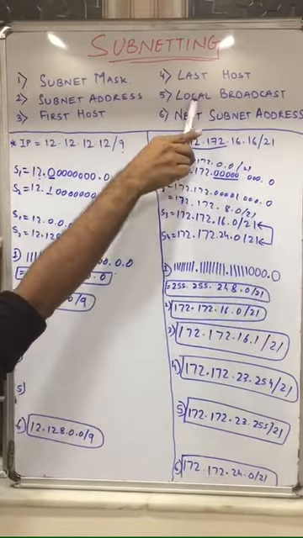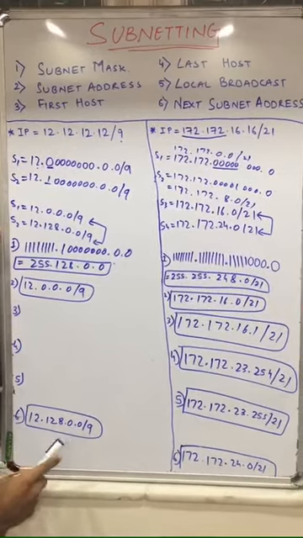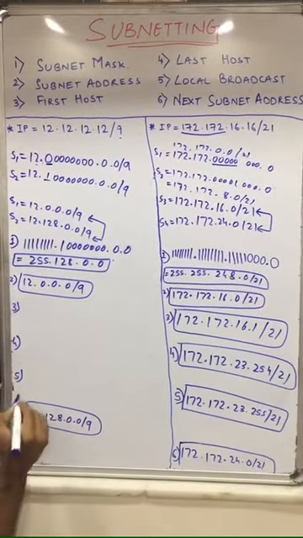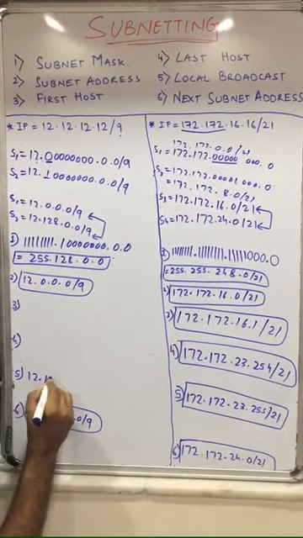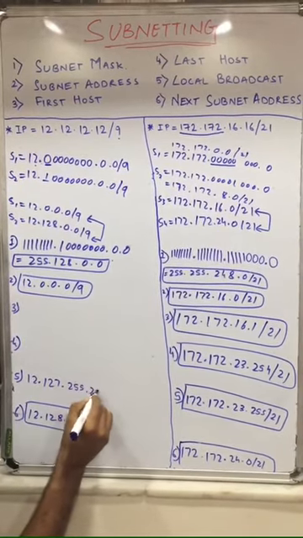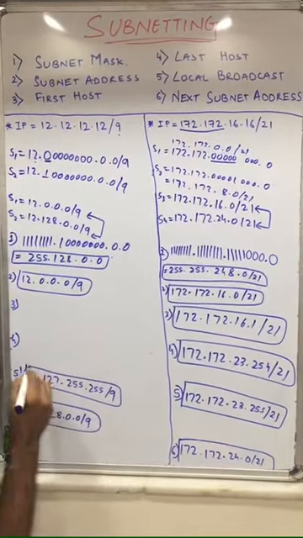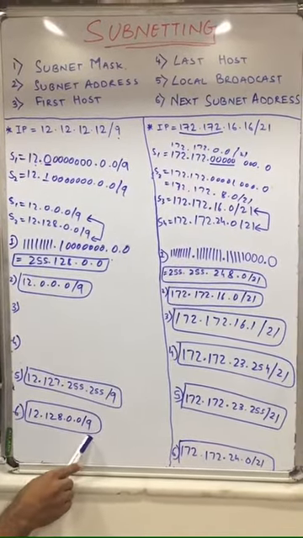To find the local broadcast address, we subtract 1 from the next subnet address. So we get our answer as 12.127.255.255/9. If you add 1 to this address, you get the next subnet address.